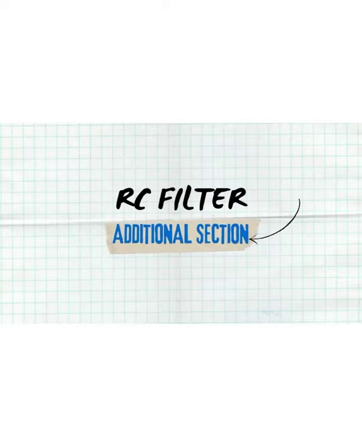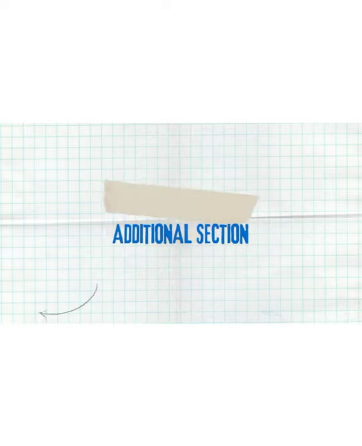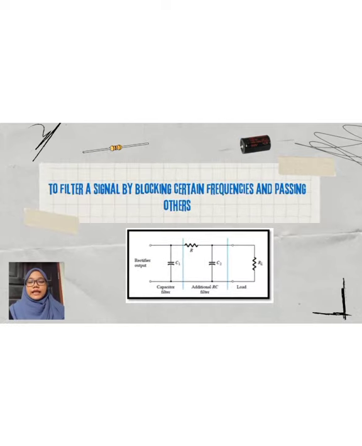Next, by using an RC filter as an additional section, it is possible to further reduce the amount of ripple across a filter capacitor. Basically, an RC filter consists of a capacitor and a resistor. The figure shows the second order RC filter circuit, where the additional RC filter is put in between the capacitor filter and the load circuit.